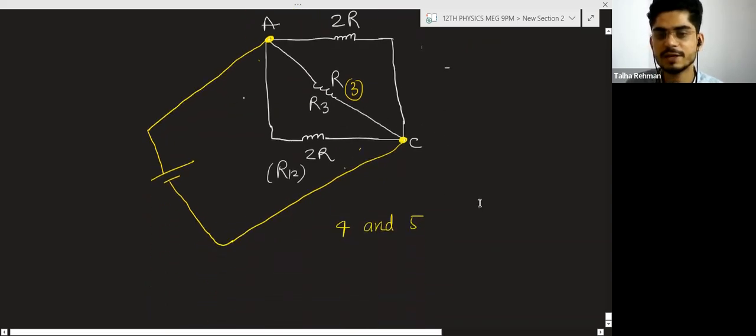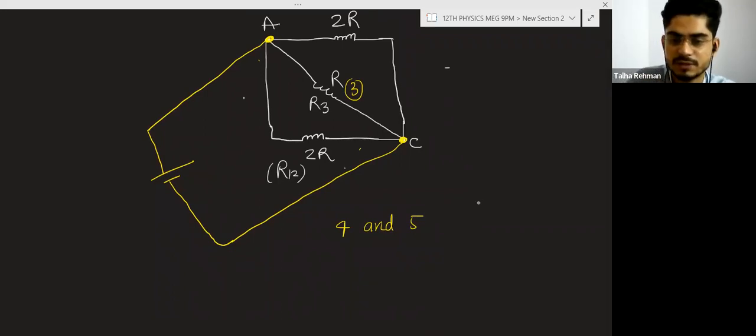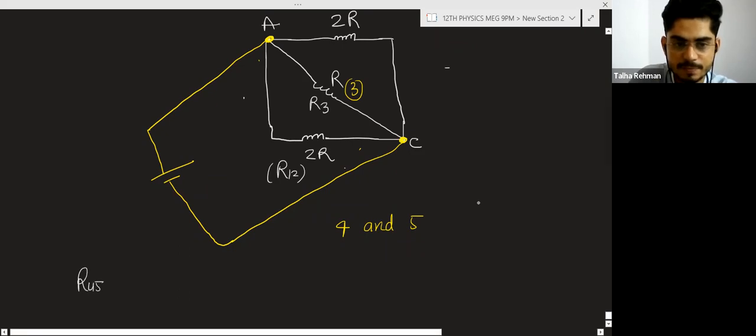If the resistances are connected end to end, then you can say they are connected in parallel combination. So you can write R45, R3, R12 are connected in parallel combination.